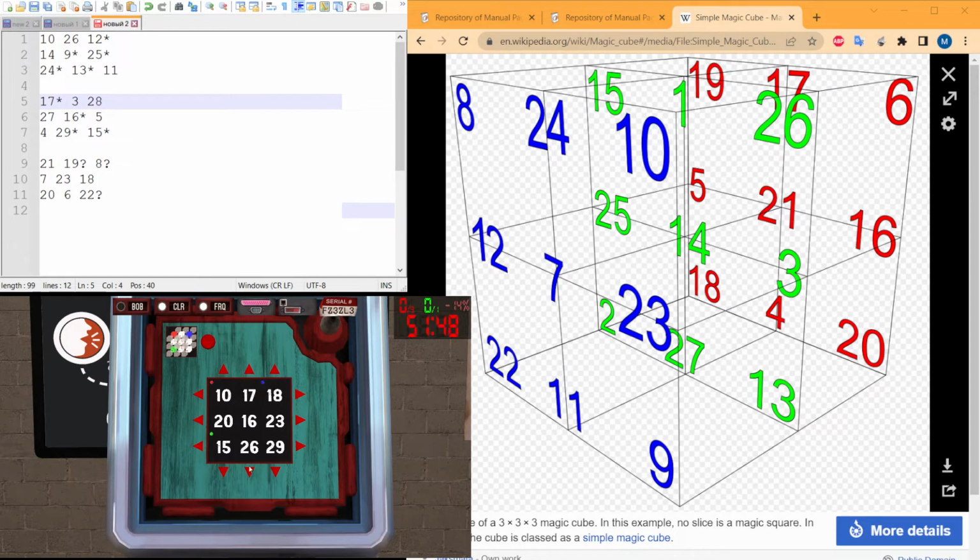Okay, let's move it on the middle row. 3, no. 28, no. Let me double check. 3, 28, 27, 5, 4, 17, 15, 16, 9. Okay, next square we have 19, 8, 22. Let's move them in the bottom.